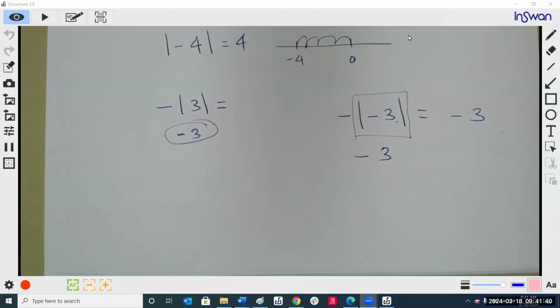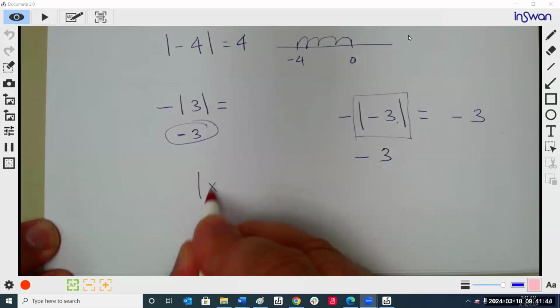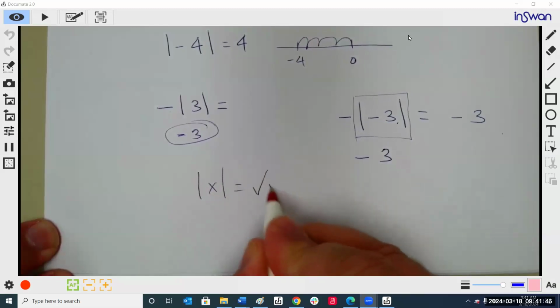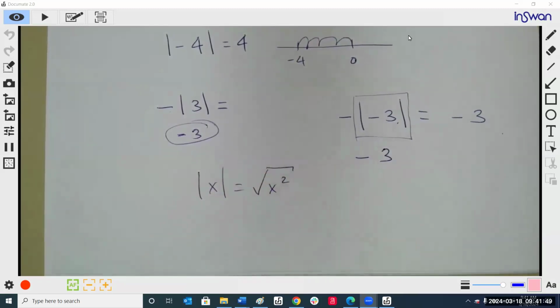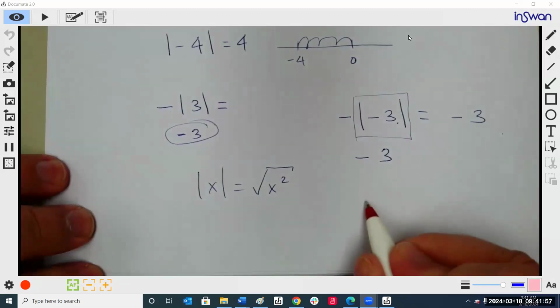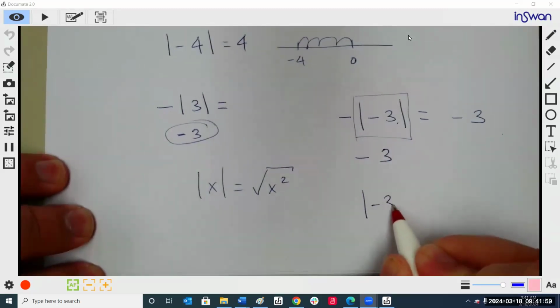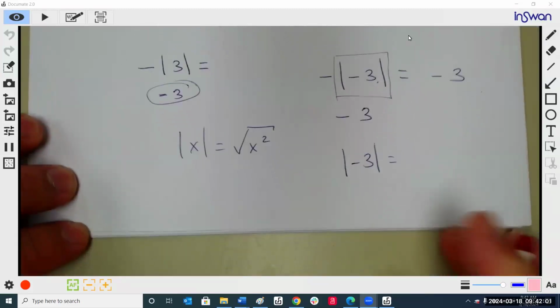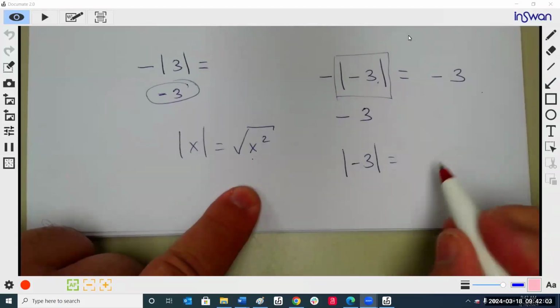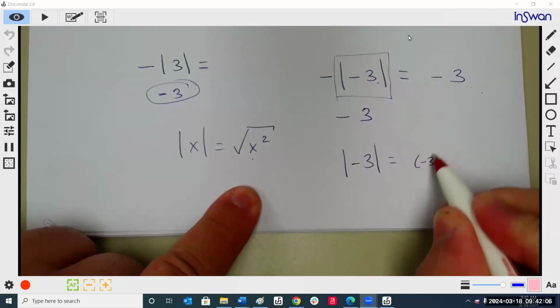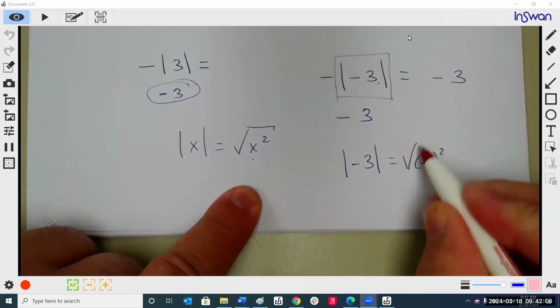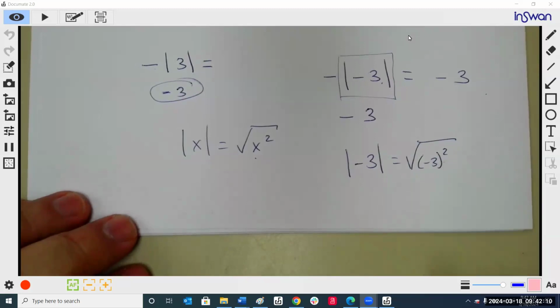Now, if you had to put an equation, a formula down for absolute values, it would be this. Think about it. If I had absolute value of -3, so I have -3 inside there. What happens when you square a negative number?